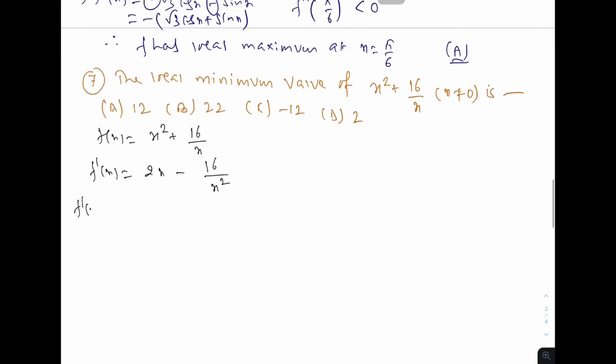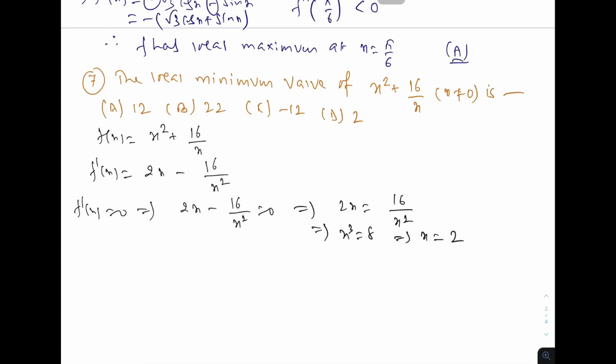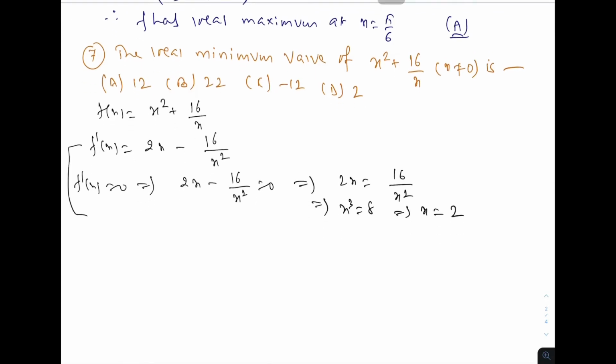Now f dash x is 0, meaning 2x minus 16 over x square is 0, and so x cube is 8, and that implies x is equal to 2. Now we take the second derivative.